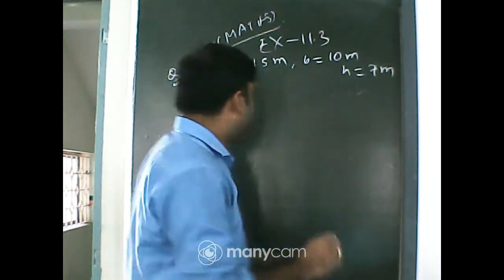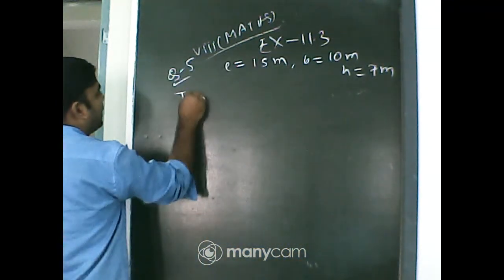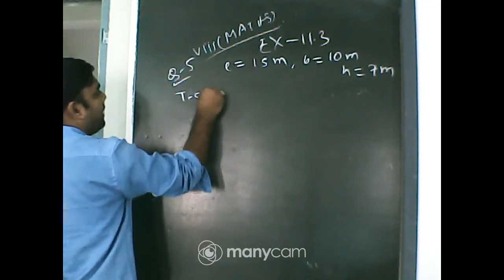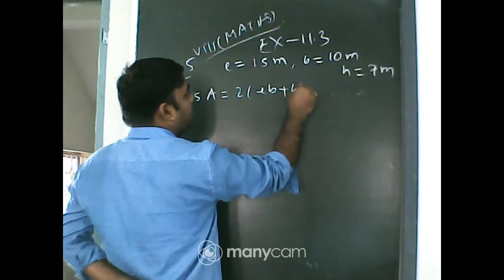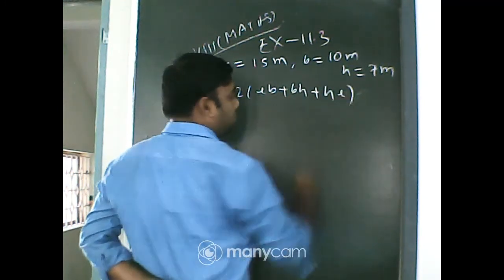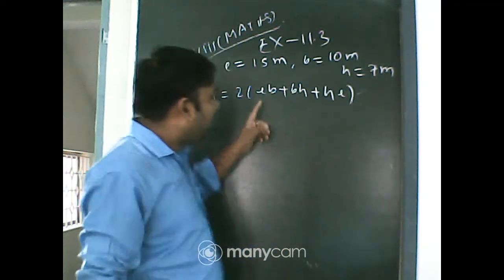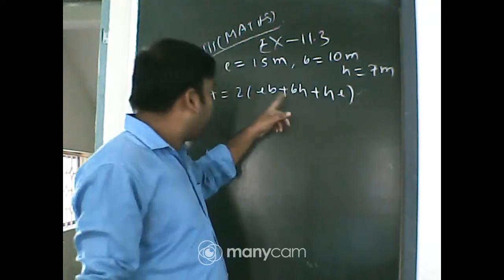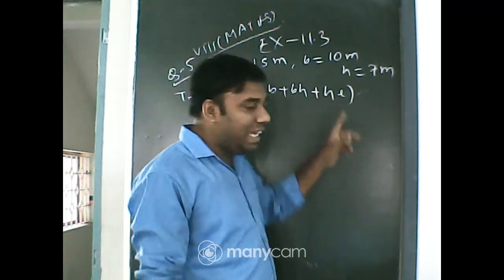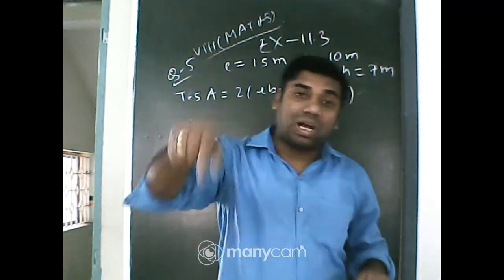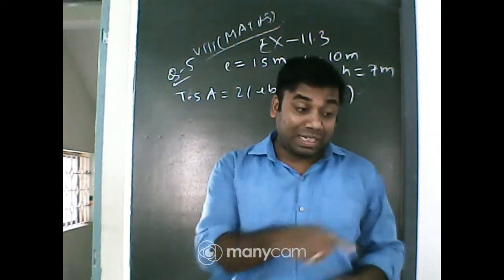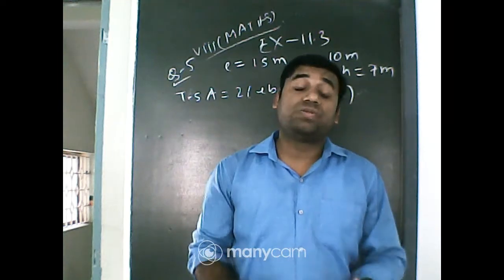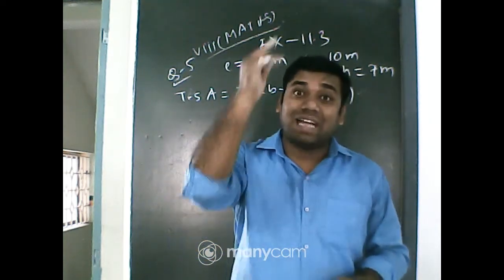First of all, if I write here total surface area, TSA, it will be 2 into LB plus BH plus HL. But students, remember that this formula contains 4 walls as well as top and floor, ceiling and floor. But in the question it is mentioned without floor, 4 walls and ceiling.